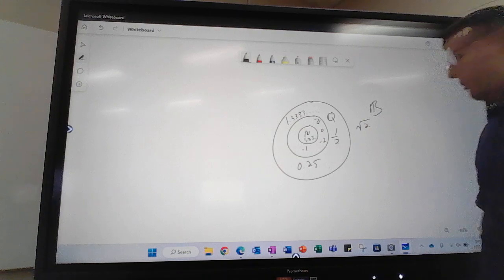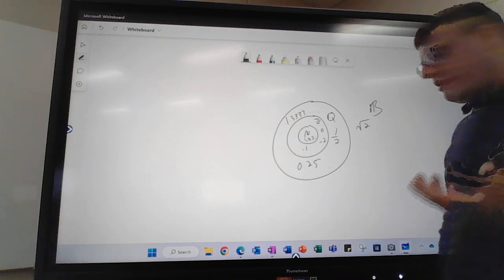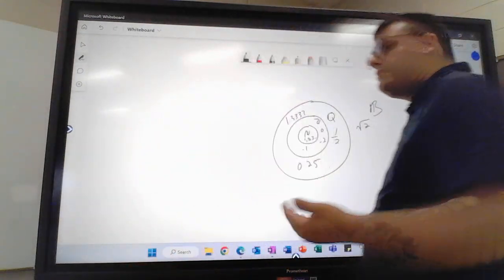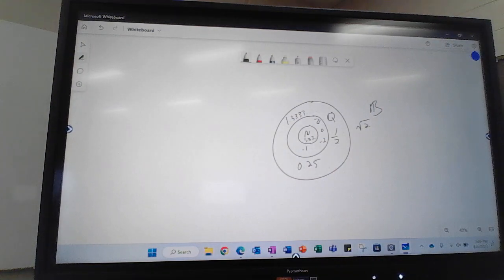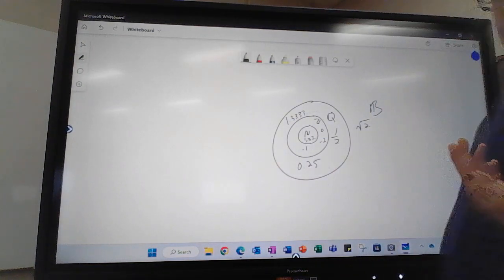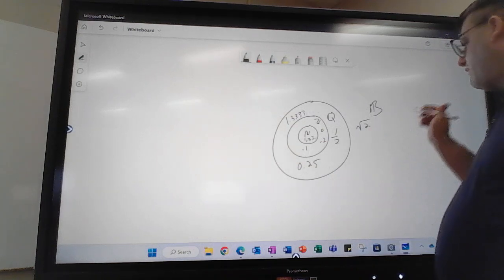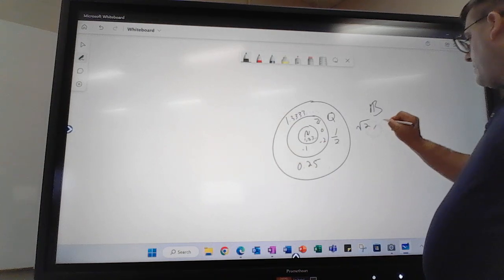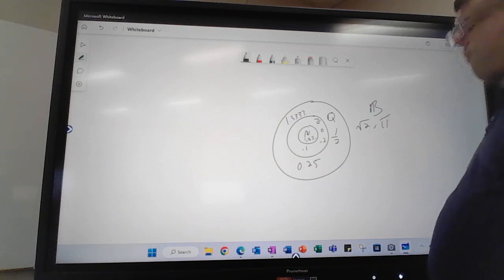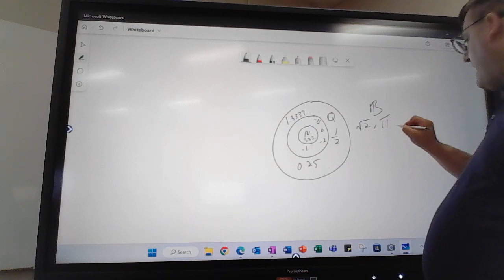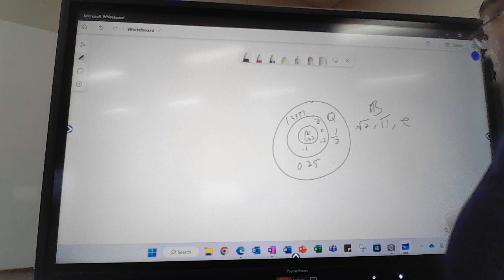Uneven square roots. So these numbers can be written as non-repeating, non-terminating decimal numbers. Like if you take the square root of 2, there's random digits that don't repeat themselves in its decimal form. Pi, 3.141, so on and so forth, that is an irrational number. And so is the number e.